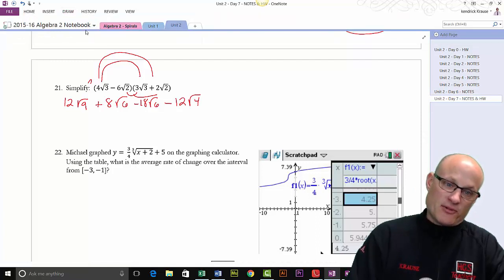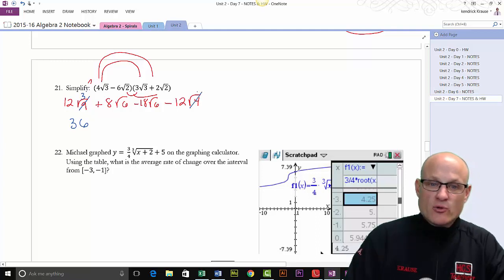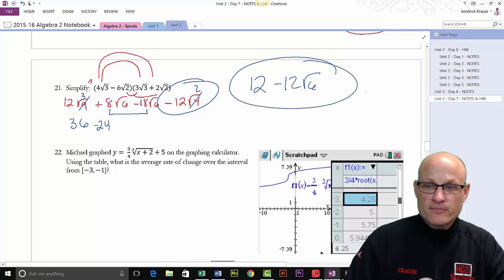Now I'm going to do a little simplifying. Square root of 9 is 3, so this is really 36. And the square root of 4 is 2, so this is really minus 24. I'm going to put those two together, and then these two combine together as well. So those two combine to make 12, and the other two combine to make minus 12 square roots of 6.